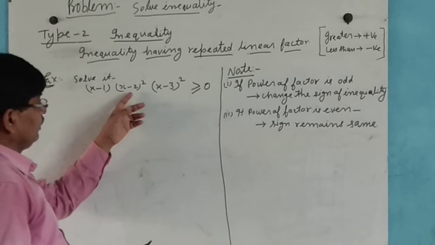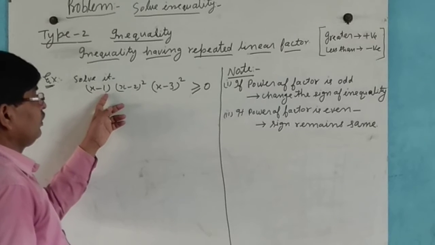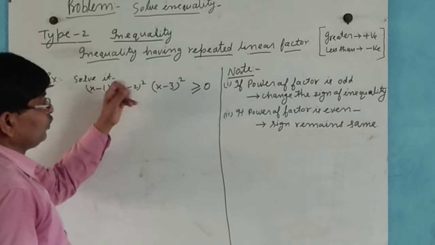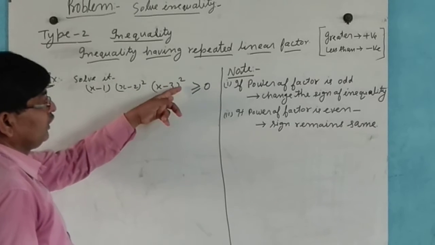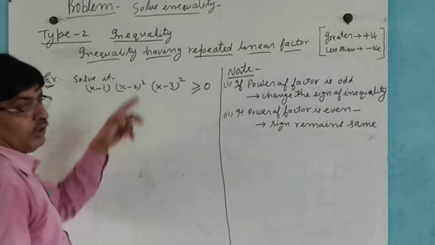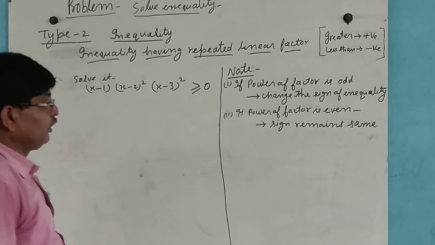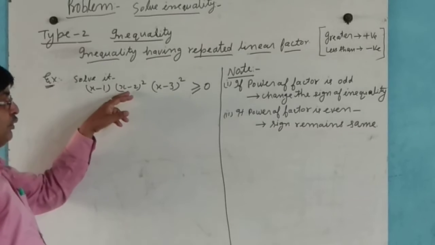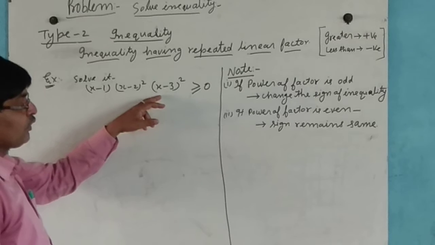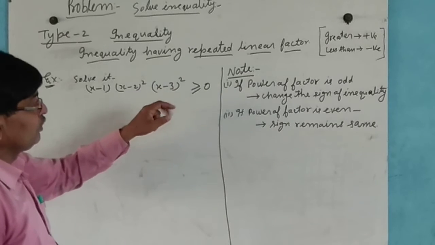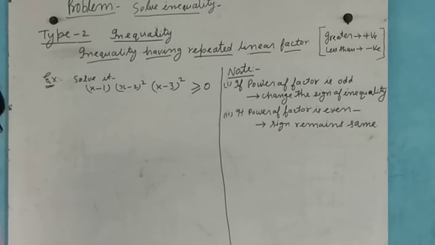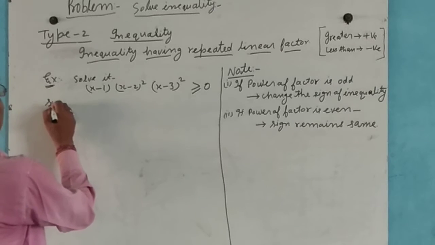Repeated, that is x minus 1, x minus 2 to the power 2, x minus 3 to the power 3. This is a repeated term. x minus 2 repeats 2 times, x minus 3 repeats 2 times, and we solve such type of inequality.